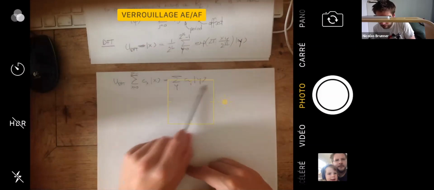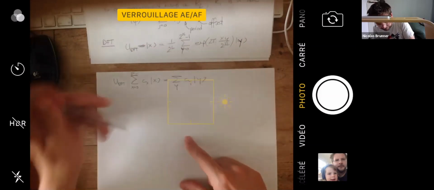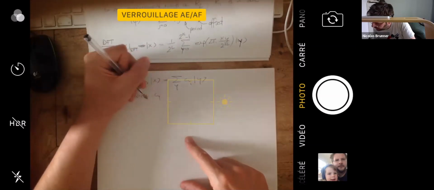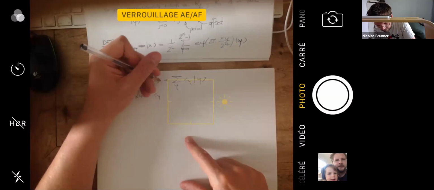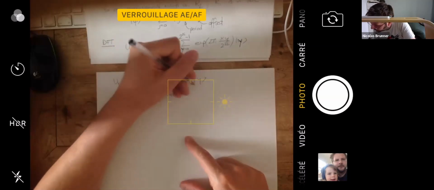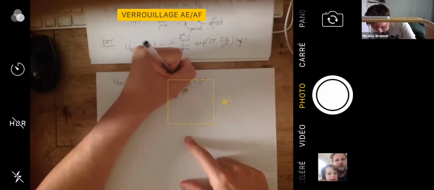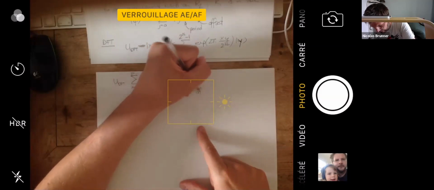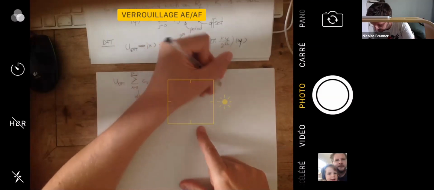And so these coefficients Cy are the discrete Fourier transforms of Cx.